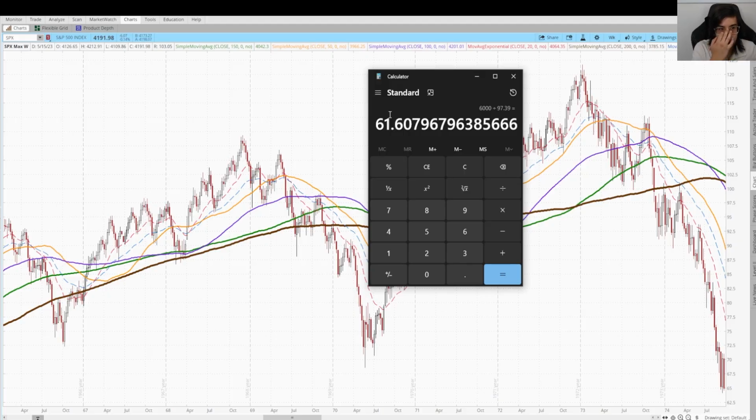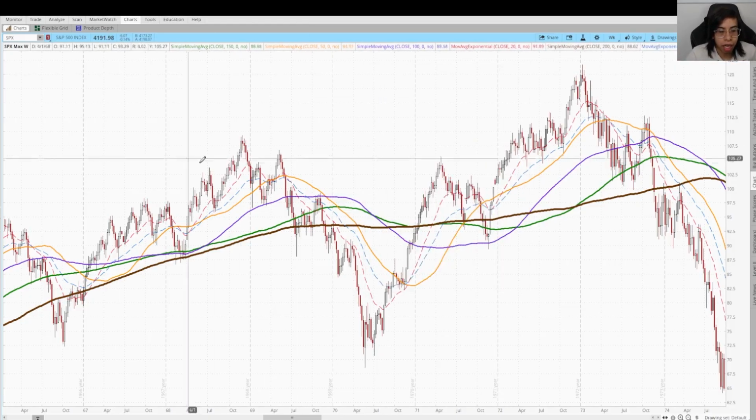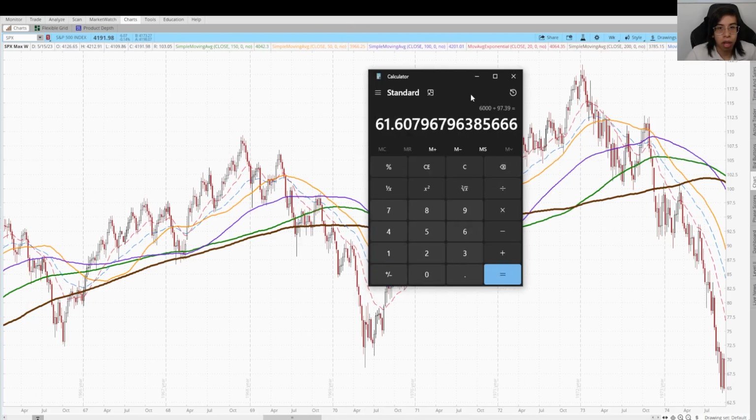Now, just keep in mind that you can't buy the SPX. I'll talk about that eventually because that's a bit more detailed. The only way to invest in the SPX is by investing in either an index fund or an ETF tracking the S&P 500. An ETF is an exchange traded fund. So the only way to invest in the S&P 500 is to invest in a fund that's tracking it.